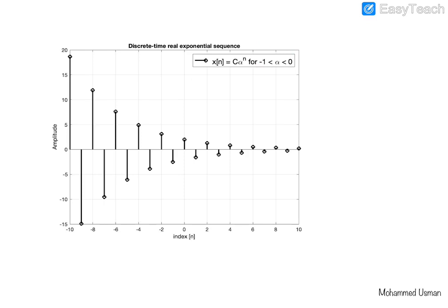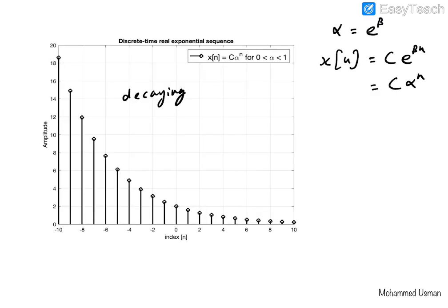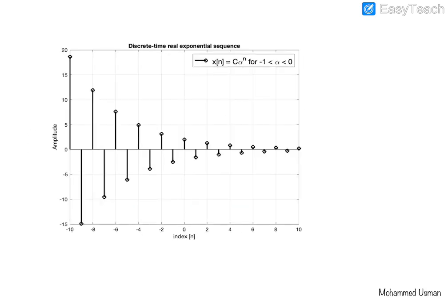So when we have alpha between 0 and 1, or between -1 and 0, so we have alpha between 0 and 1 here, it is decaying, but all the samples are positive. But when it is between -1 and 0, it is decaying, but the samples are alternating between positive and negative.